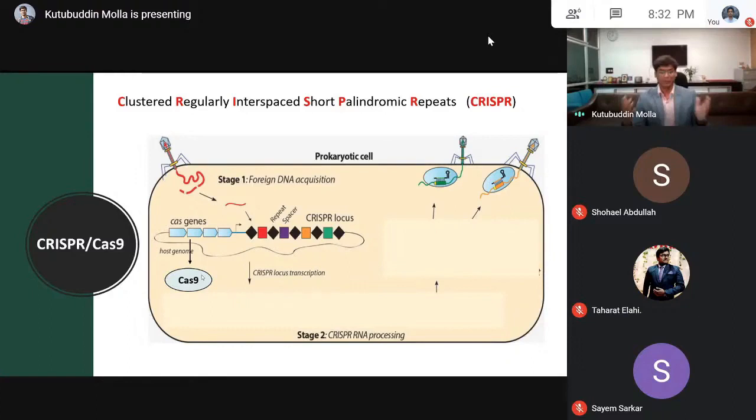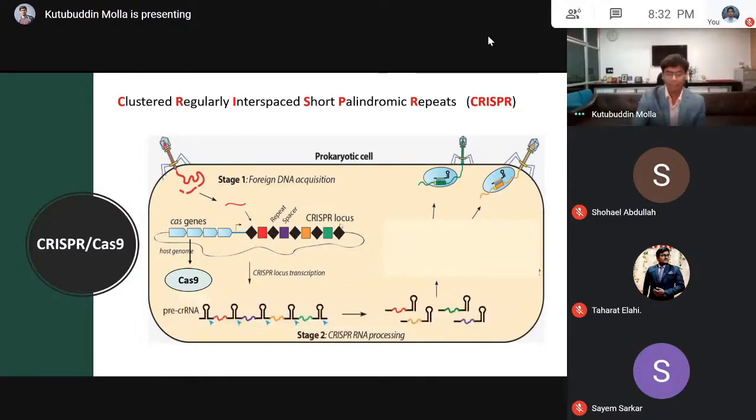It is a nuclease, so it can cut DNA. So why are they sitting just beside the CRISPR locus? Scientists discovered that when this CRISPR locus is transcribed, it forms CRISPR RNA. These are the CRISPR RNAs. For each memory, for the red memory there is one CRISPR RNA, for green memory another CRISPR RNA, like that orange CRISPR RNA, then violet CRISPR RNA.